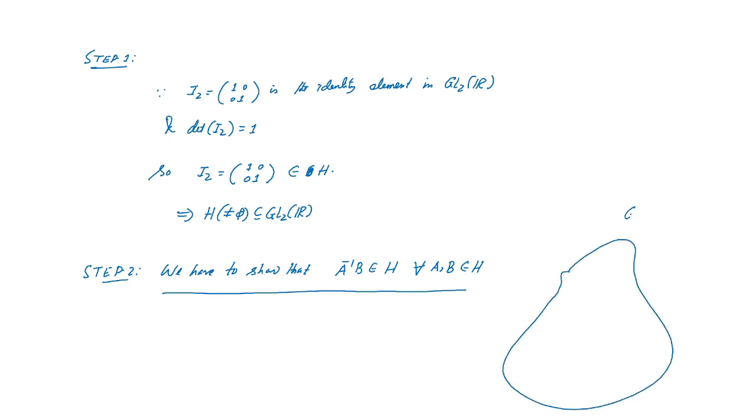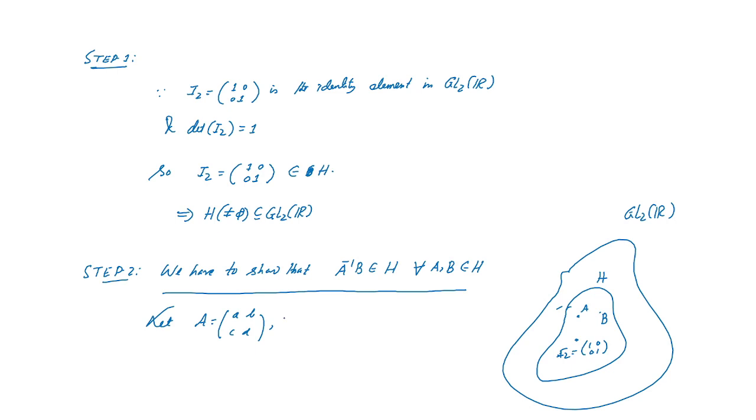So this is your GL2(R), this is your H, and you have seen the identity element I2 must belong to H. So we'll take two elements, A and B. Let us consider A as [[a,b],[c,d]] and B as [[e,f],[g,h]].